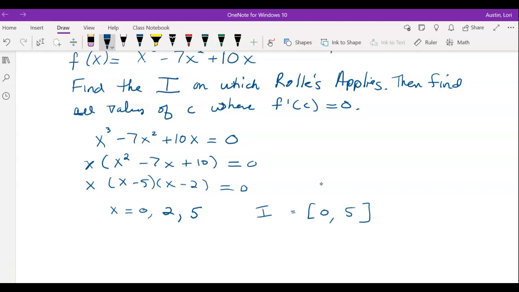So now, how am I going to get the actual C value? We now know that f prime of C has to equal 0 at likely 2 points between 0 and 5.